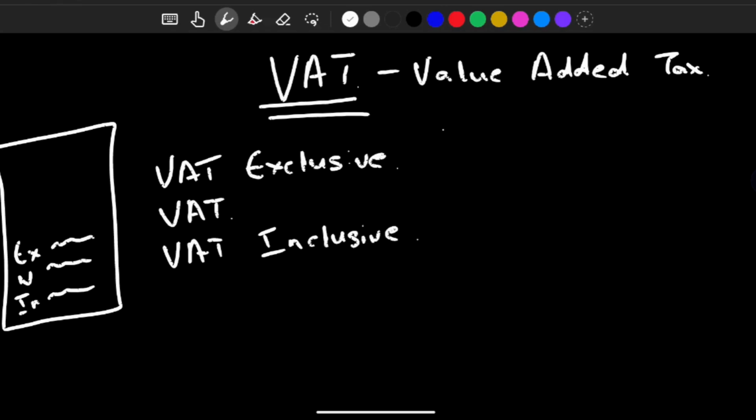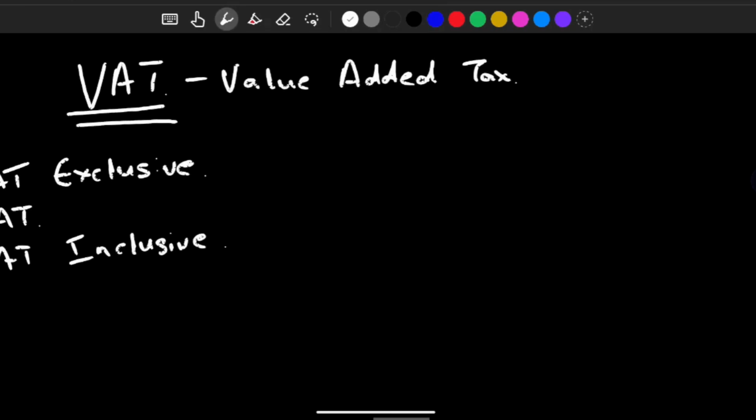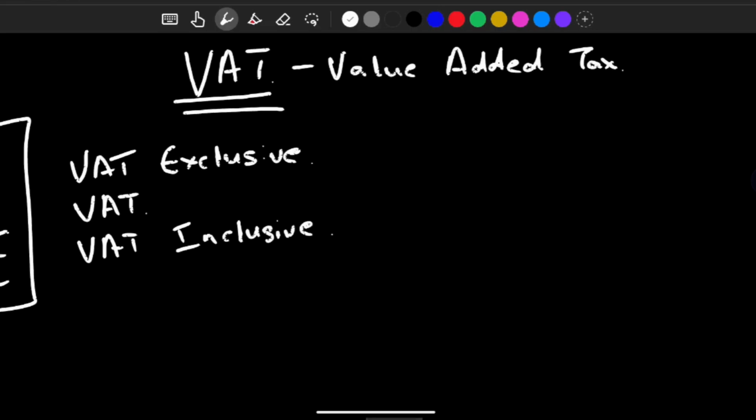So understanding how to calculate VAT, using the VAT exclusive amount or the VAT inclusive amount to calculate your VAT, right? Your VAT exclusive amount is the amount that does not include VAT, and your VAT inclusive amount is the amount that includes VAT. To put this into perspective, your VAT exclusive amount is 100%.